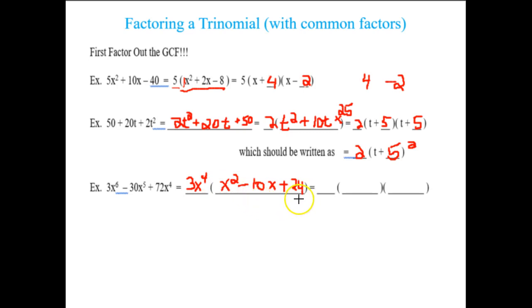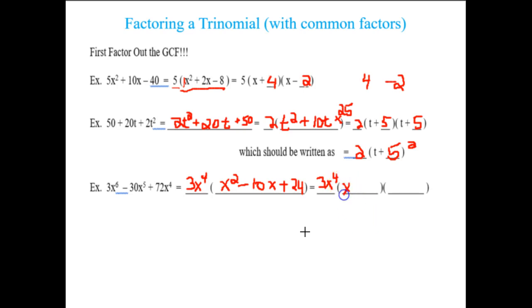So the factors of 24 are either both positive or both negative, but both positive is not going to work because it has to add up to negative 10. So I have to have both negative. So what would be factors of 24 that add up to negative 10?